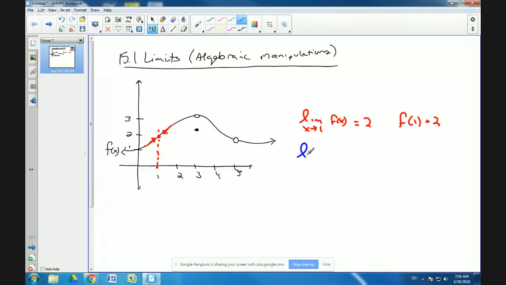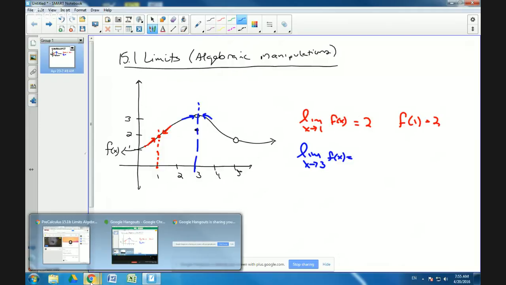About the limit as x approaches 3. We're coming in here. What's my y value? Yeah, 3-ish, right?